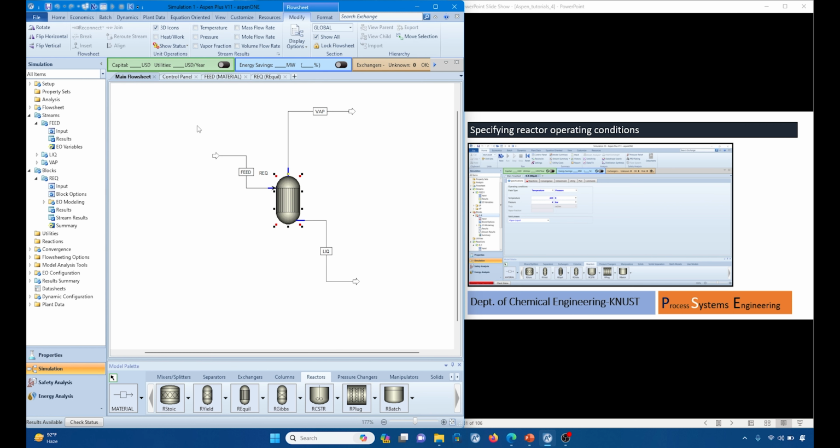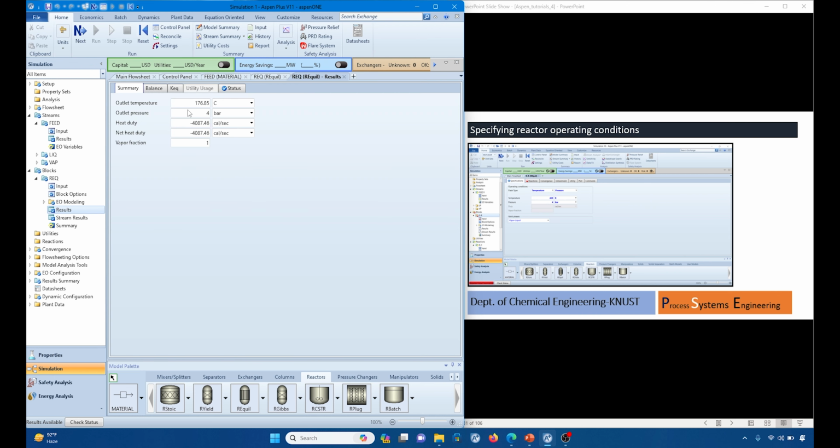So when we check out the results, we see the outlet temperature and pressure. It's able to calculate the duty for us as well. And importantly, it's able to give us the equilibrium constant and conditions at equilibrium. So this summarizes our work on the first set of reactors.